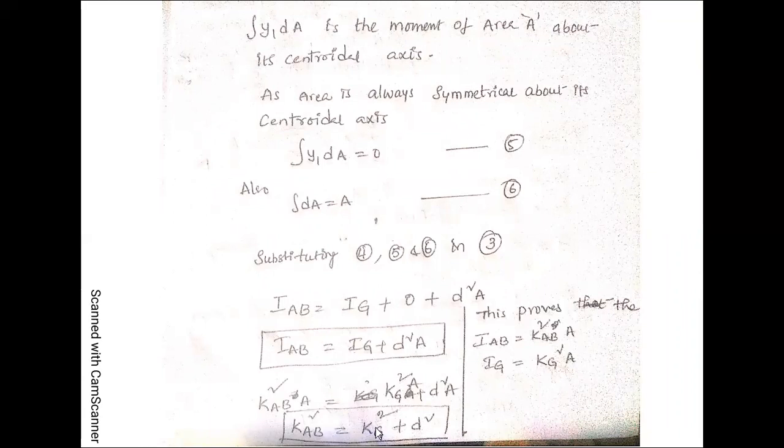This can be expressed in terms of radius of gyration. IAB is the moment of inertia about AB. The radius of gyration about AB is nothing but the square root of IAB divided by area.